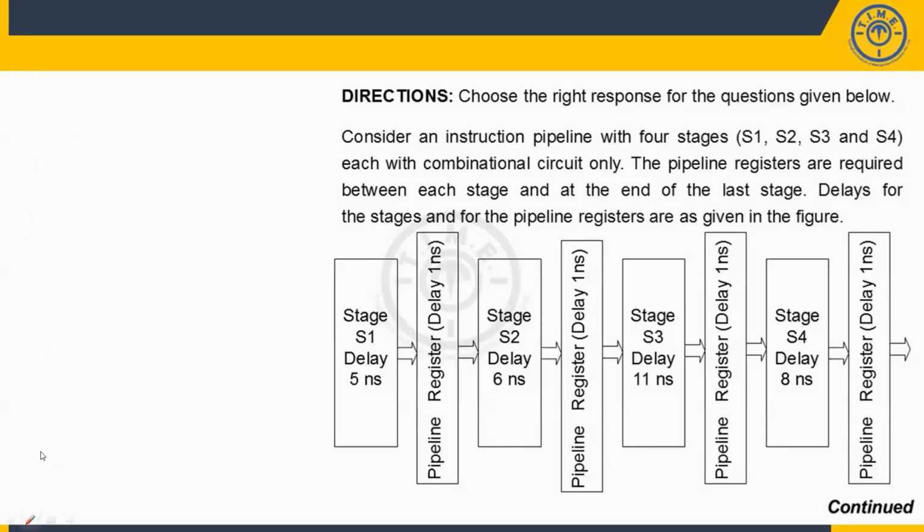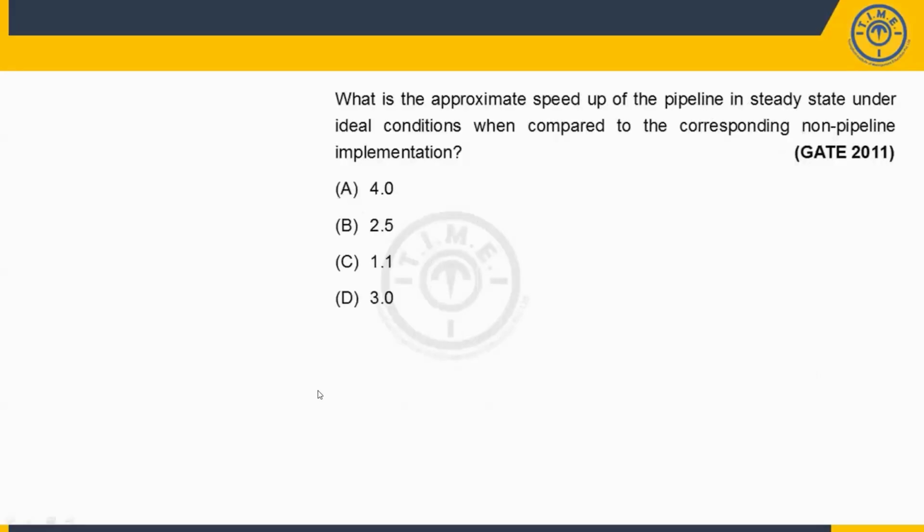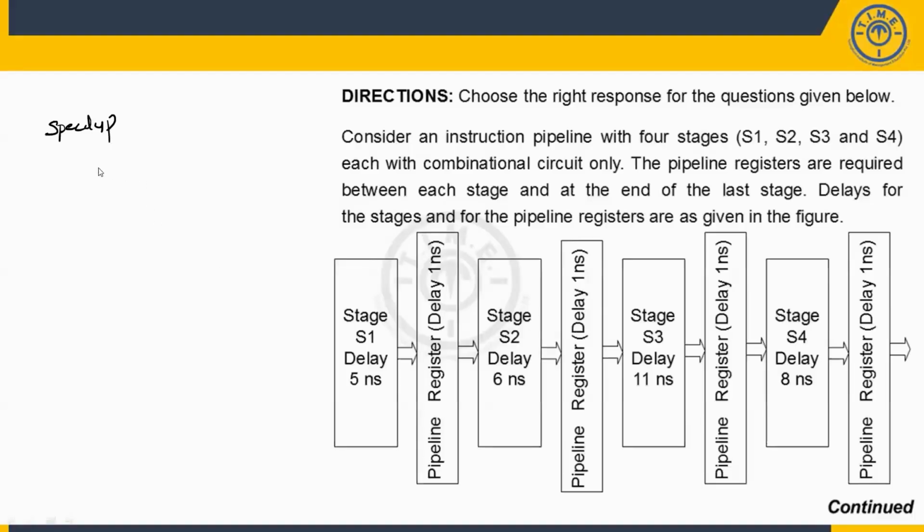Options: A, 4.0; B, 2.5; C, 1.1; D, 3.0. Sir, 2.5. Yes, 2.5 is correct.